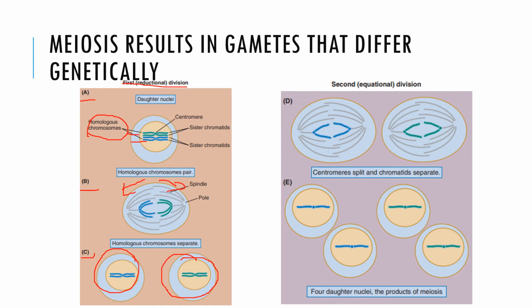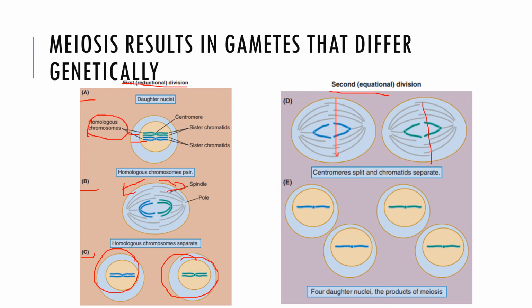The second nuclear division loosely resembles a mitotic division, but there is no DNA replication. At metaphase, the chromosomes align on the metaphase plate, and at anaphase, the chromatids of each chromosome are separated into opposite daughter nuclei.